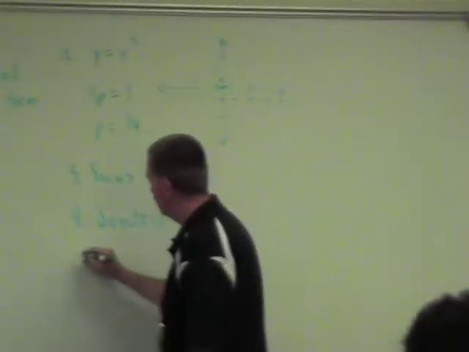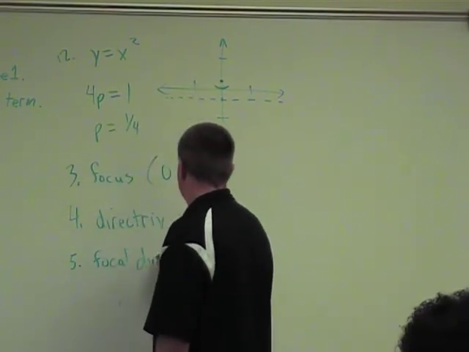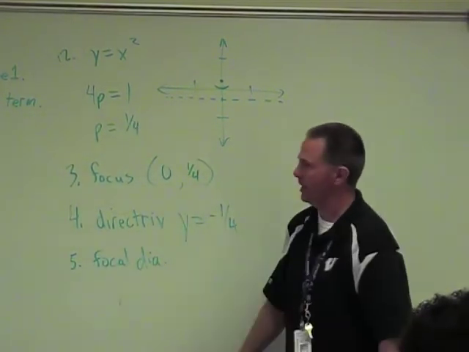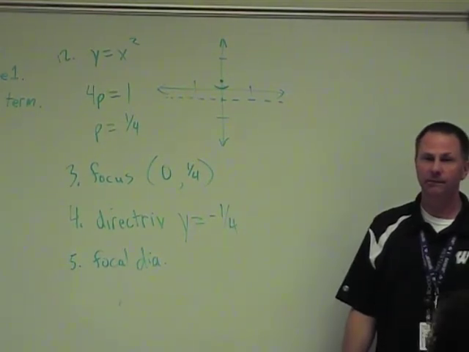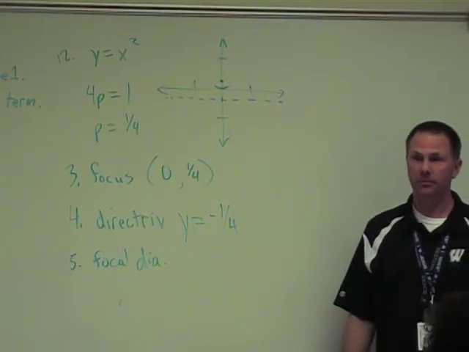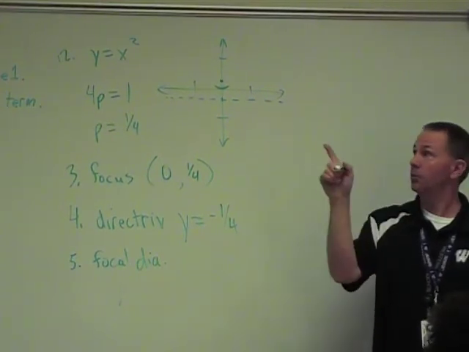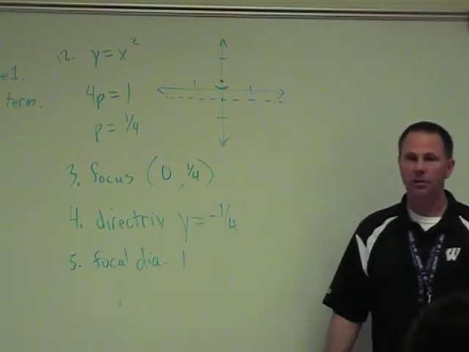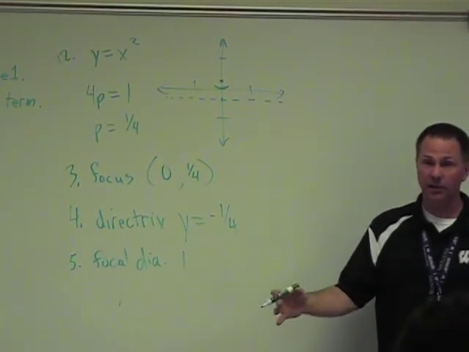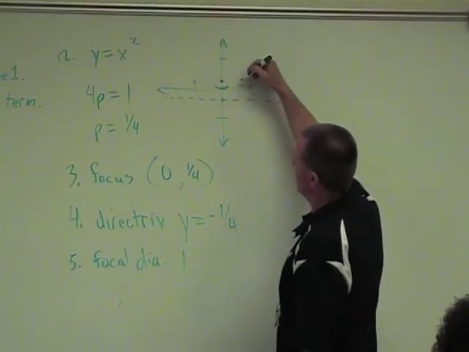Now step 5 is the focal diameter. And what is that? What's 4p equal to? 1. So it's the distance. Okay, now visually watch what this is. So it's from one side of the parabola to the other.